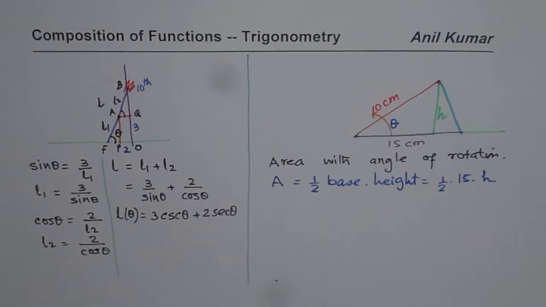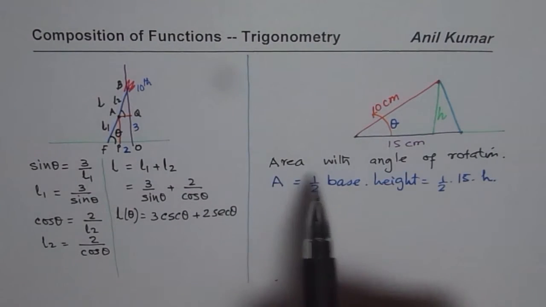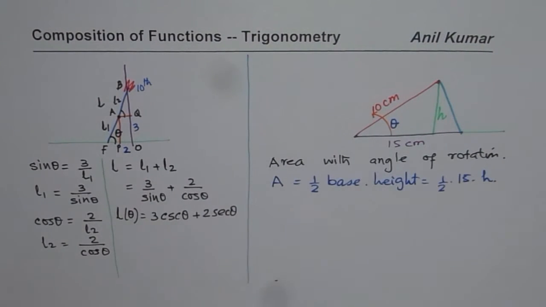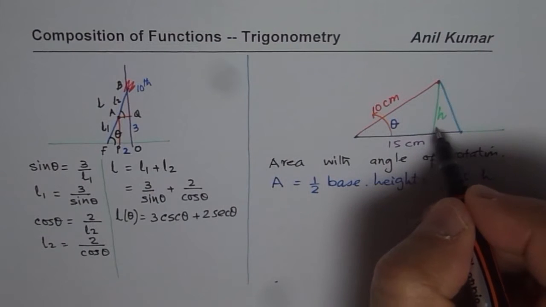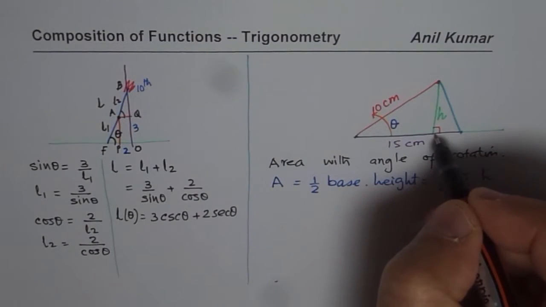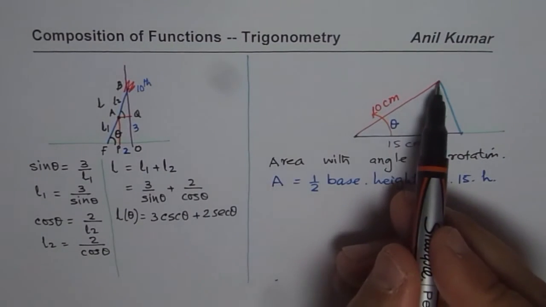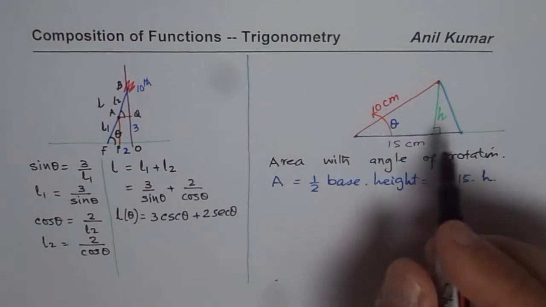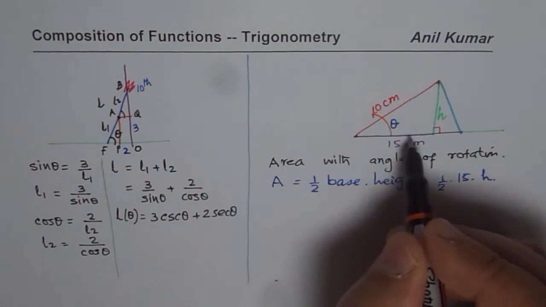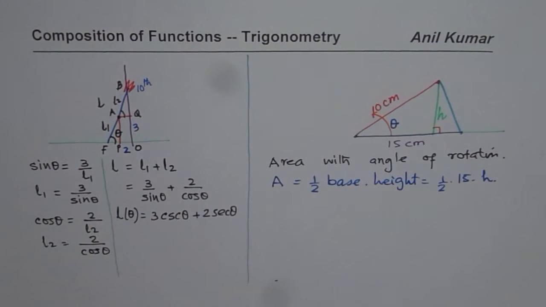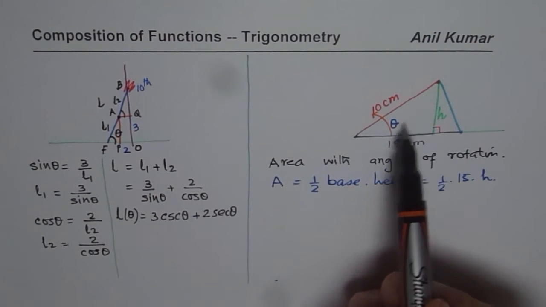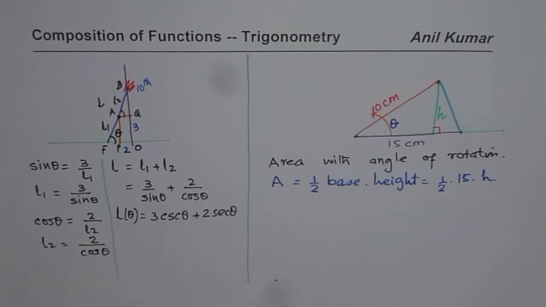Now we need to write the relation of the area of this triangle in terms of the angle of rotation. How do we get that? For that we can use a trigonometric ratio. The height is always the altitude, right? So it forms a perpendicular. Now that rod becomes the hypotenuse of this right angle triangle, right? In that case we are using the opposite side and the hypotenuse.